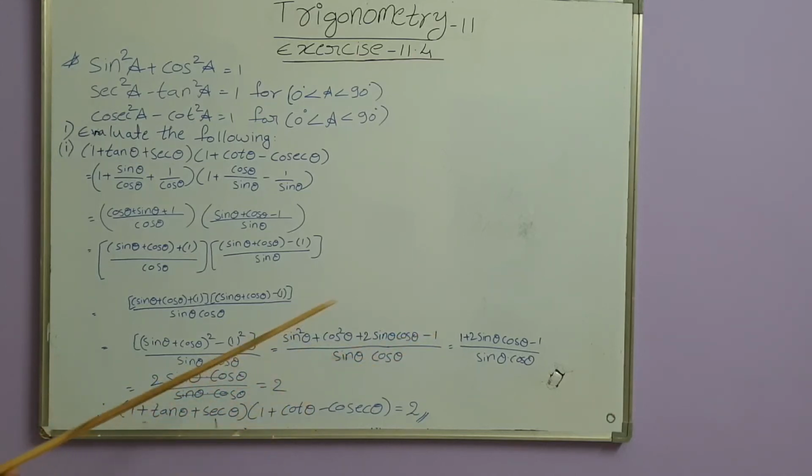Here plus 1 and minus 1 are cancelled. 2 sin theta into cos theta by sin theta into cos theta, these two are cancelled. We get 2. Therefore, (1 plus tan theta plus sec theta) into (1 plus cot theta minus cosec theta) is equal to 2.